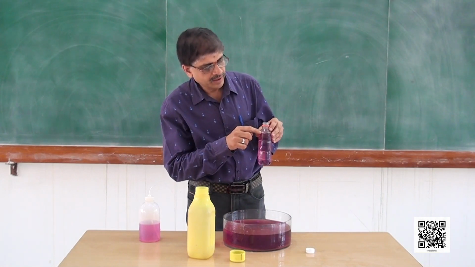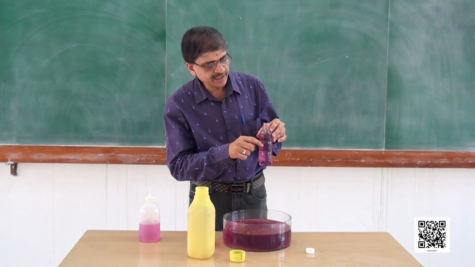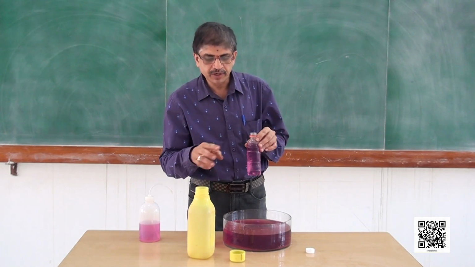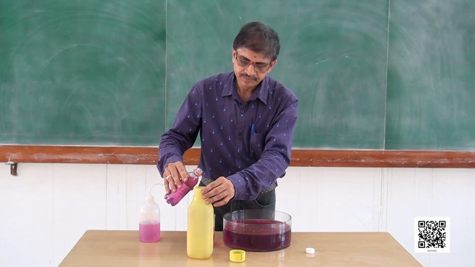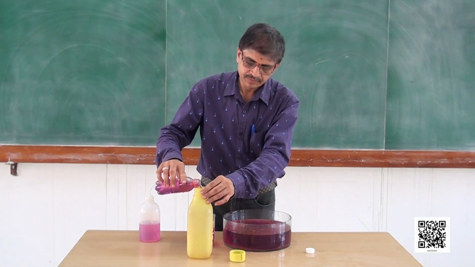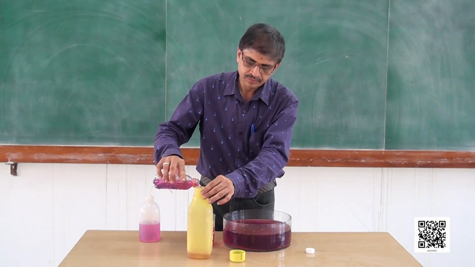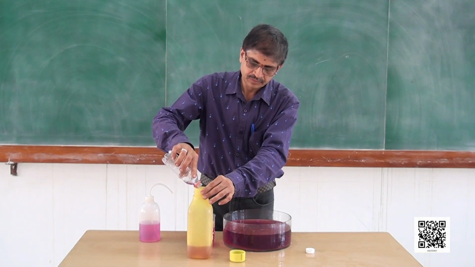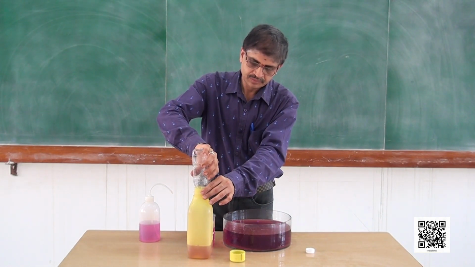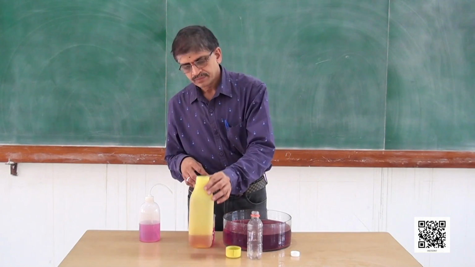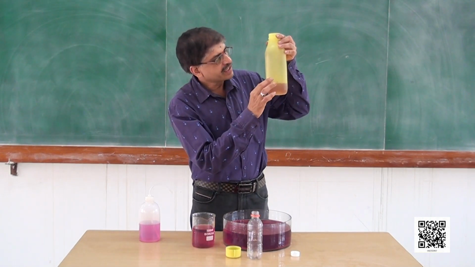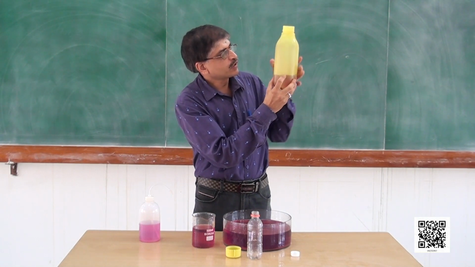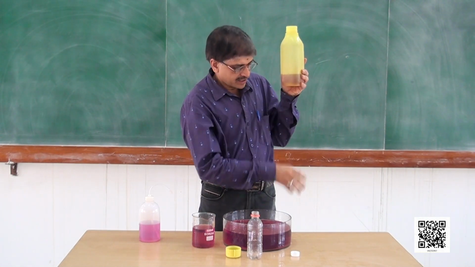I have taken water up to 250 milliliters. We now pour this 250 milliliters into this big bottle. Volume of water here is 250 milliliters. We now write 250 milliliters on this bottle.